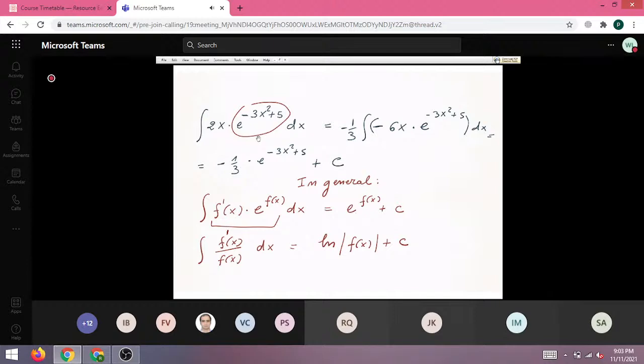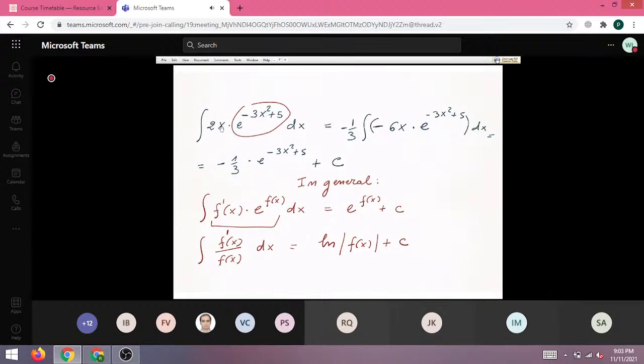What we have to understand in these structures is that here we have a composite, the exponential of a function of x, times something that can be easily reduced to the derivative of this function of x. If you look at the structure here, the exponential of -3x squared plus 5, the derivative of the exponent would be -6x.